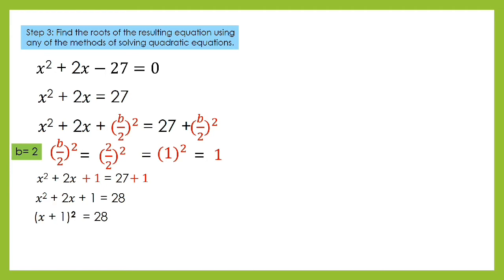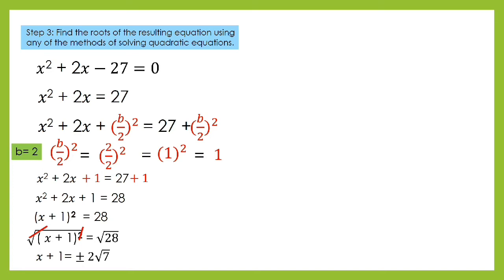So this is positive. (x + 1) squared equals 28. Let's apply the extracting square roots. Extract both sides. So we have now the square root of (x + 1) squared equals the square root of 28.